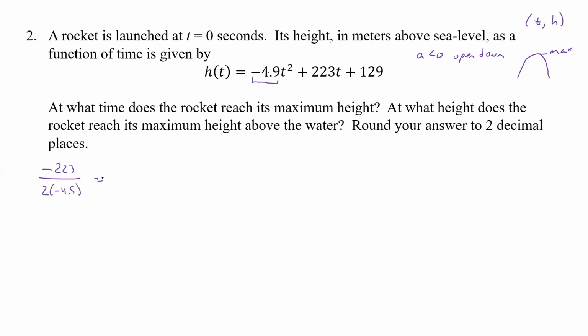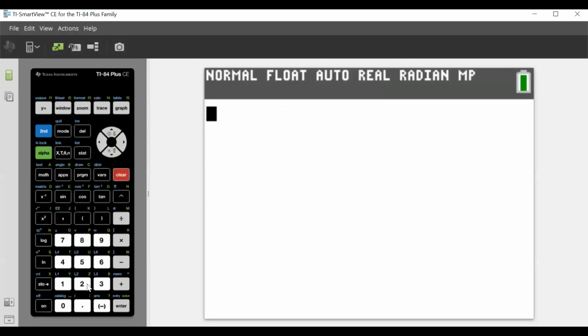All right, so now we have to plug all that into our calculator. So let's clear that out. So it was minus 223 divided by 2 times negative 4.9.